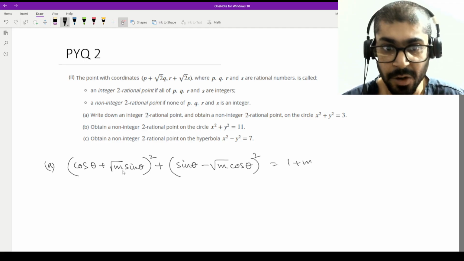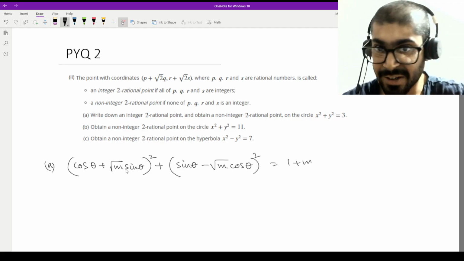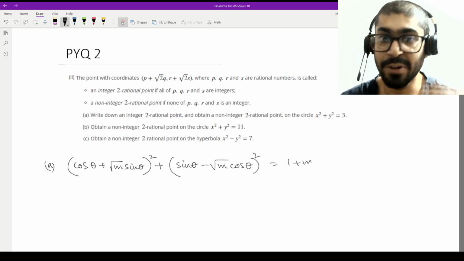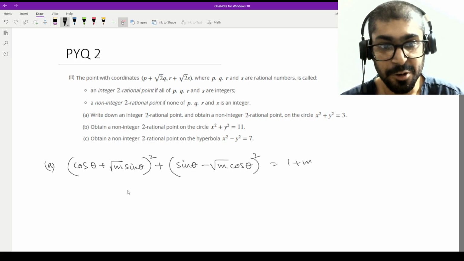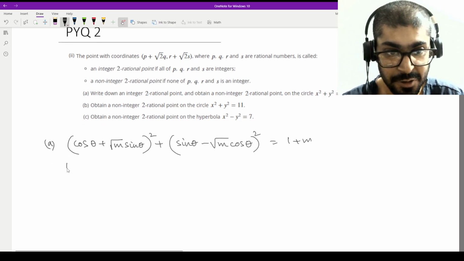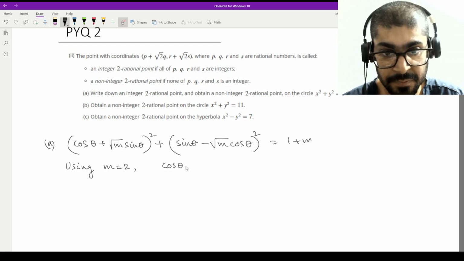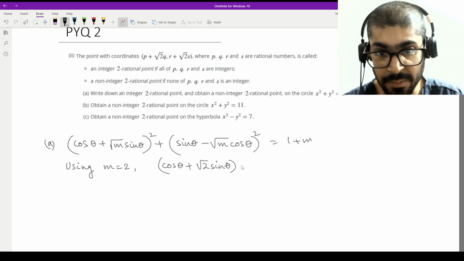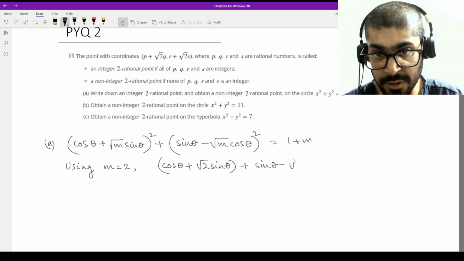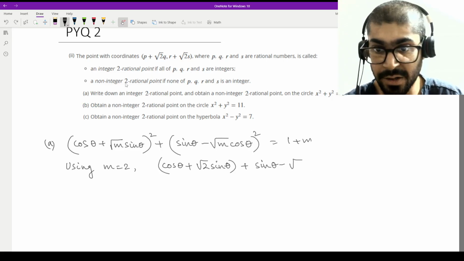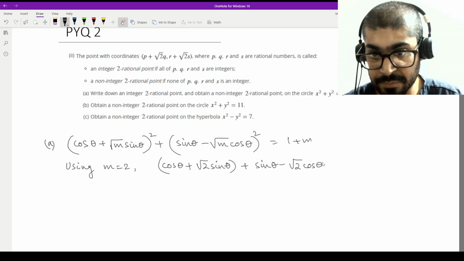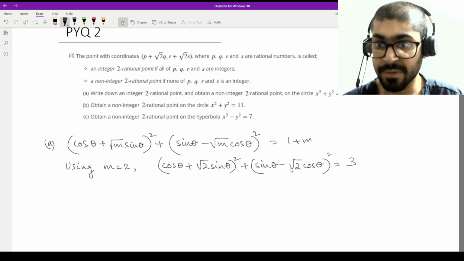So when we looked into x square plus y square equal to 2 in the last video, you would have seen that we put m equal to 1. Now we can put m equal to 2. Using m equal to 2, we have cos theta plus root 2 sine theta whole square plus sine theta minus root 2 cos theta whole square, and this will be 1 plus 2 equal to 3, because m equal to 2.